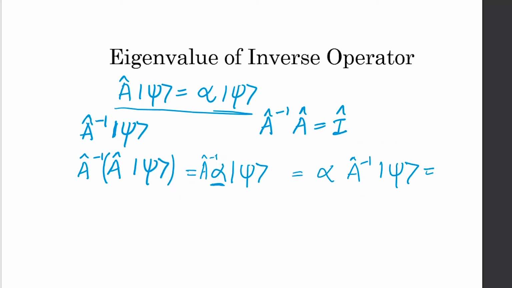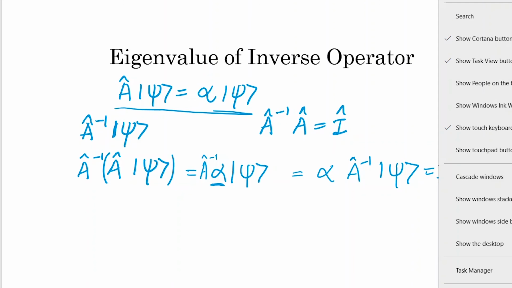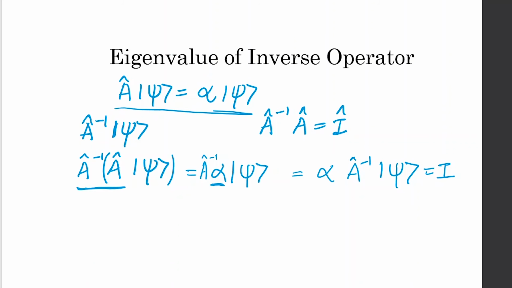Because this whole operator is equal to the unitary operator, we can equate this with the unitary operator times state vector psi. So we can rewrite this as psi.